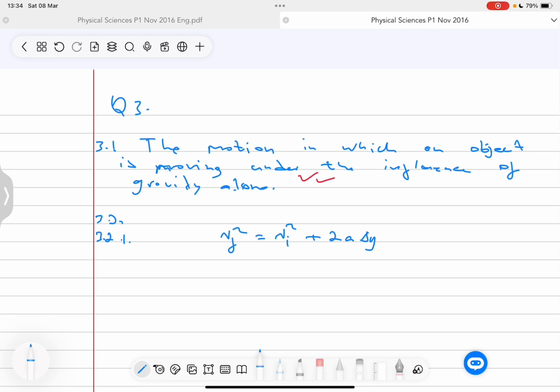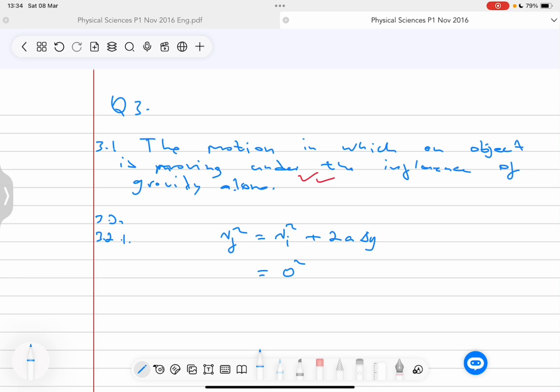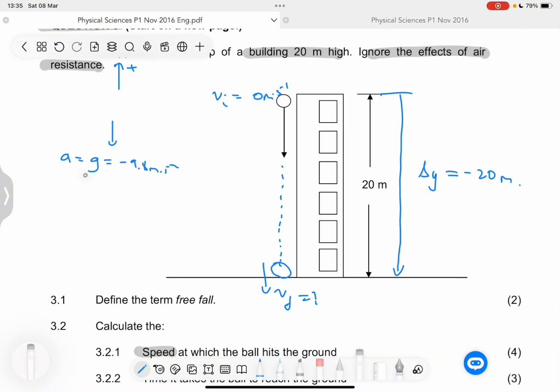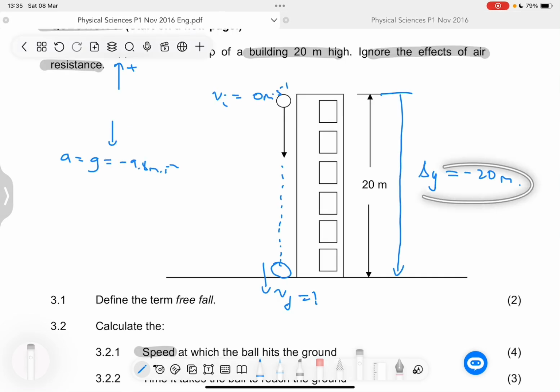Now from here, this question becomes a simple substitution problem, where we're going to say the initial velocity is 0, because this object really starts by being dropped. Then we also have 2 times negative 9.8, because remember we said the a here is the same as g and is given by 9.8. And the ball is displaced in the negative direction, as I have explained here.